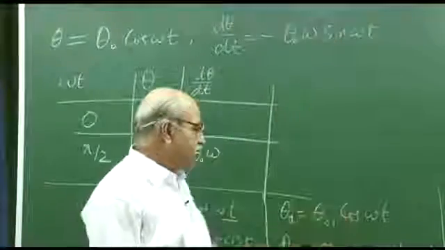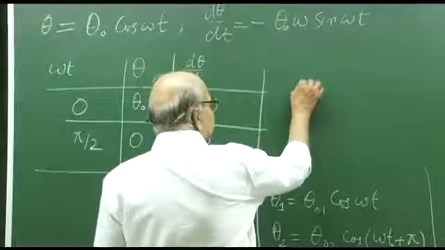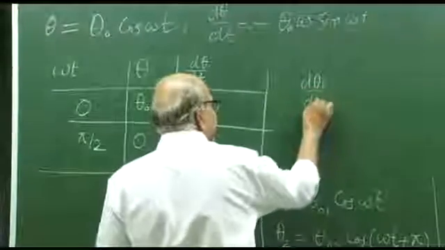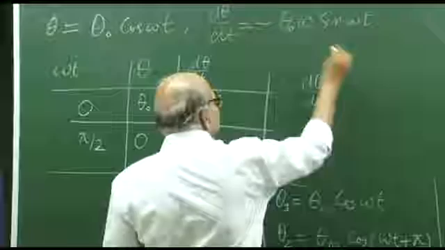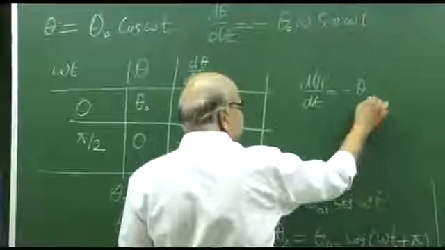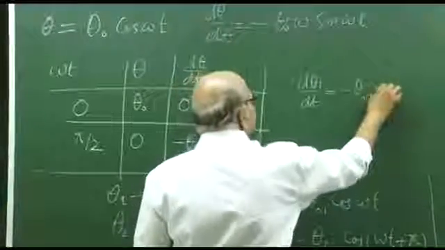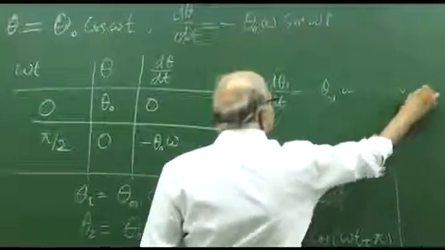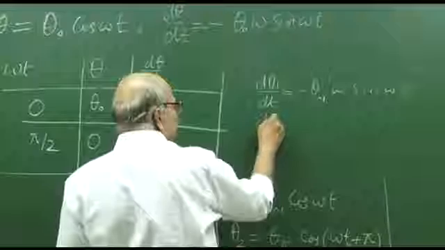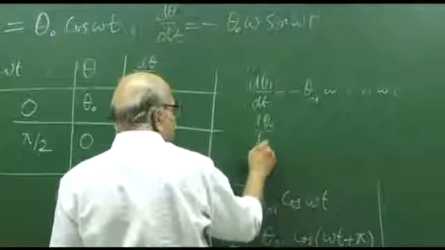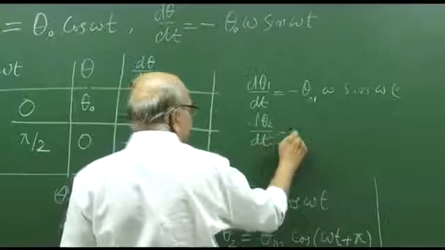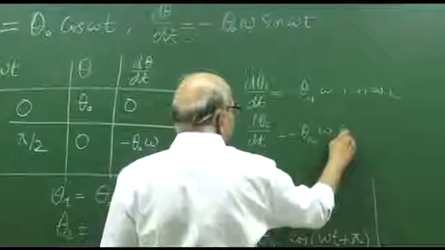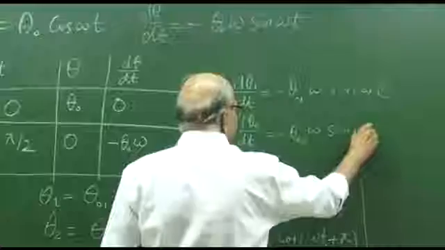So if you write for 1, the velocity for the first one is d theta 1 dt, that is minus theta naught 1 omega sine omega t, and for the second one it will be d theta 2 dt, with sine omega t plus pi.